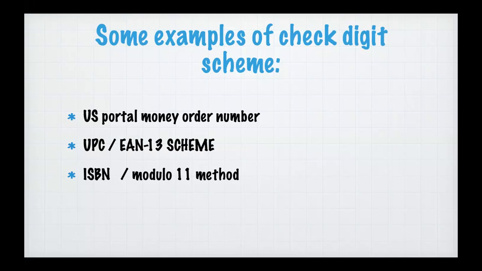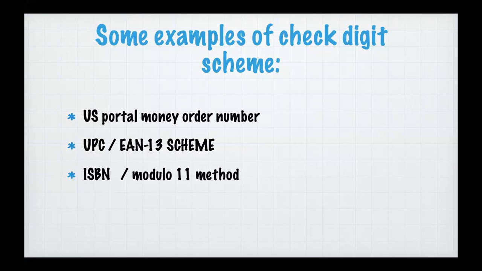UPC codes every product, gives a code to every product. This was created in 1973 by the US grocery industry as the standard barcode for marking products. Three years later, the European Article Numbering code was developed, abbreviated as EAN. The latter is used by the rest of the world.